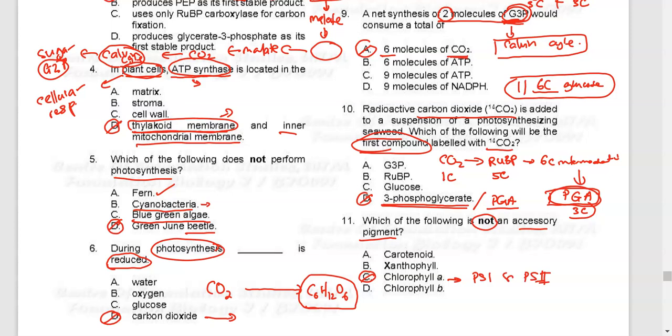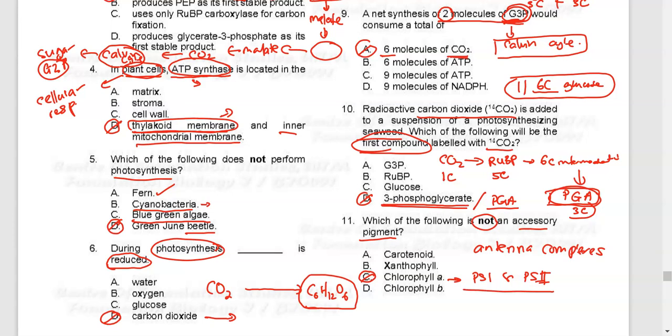This is what we call a special kind of chlorophyll A. But chlorophyll A can also be found in the antenna complexes of this photosystem.